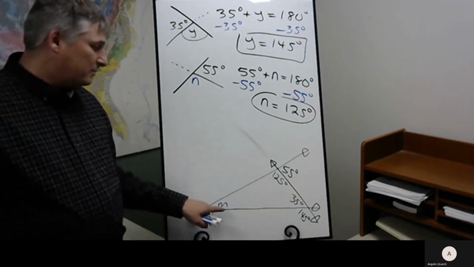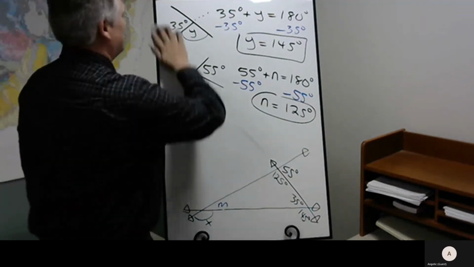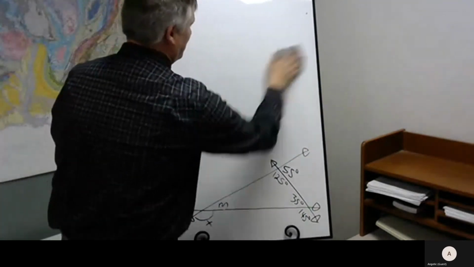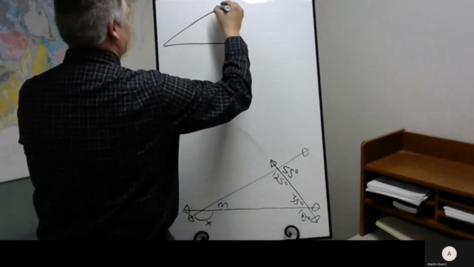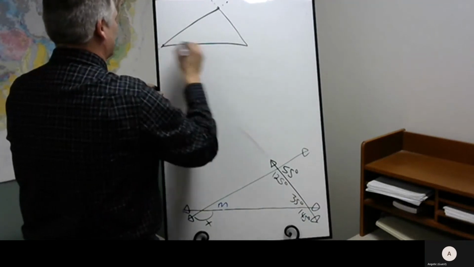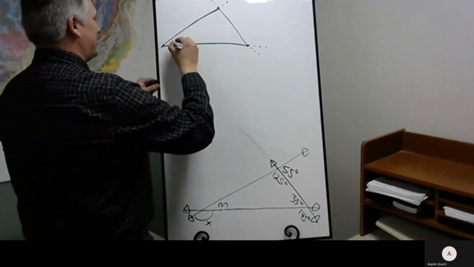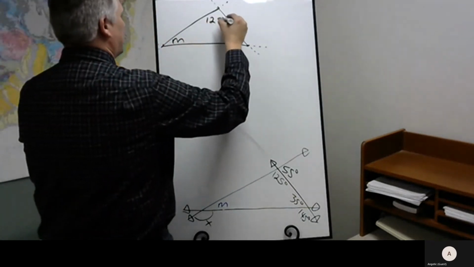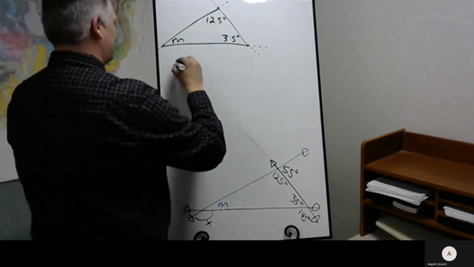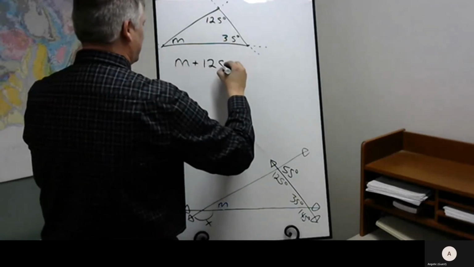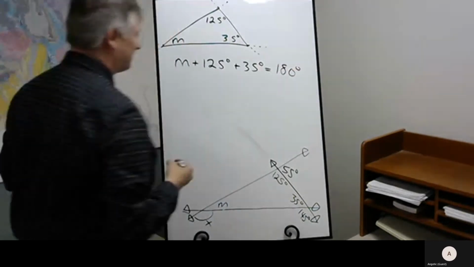So now we can find m using the property of a triangle that says if you add up all the angles, they come out to 180. So basically, we've got a triangle. Keep going. But this is m, 125, 35. So m plus 125 plus 35 equals 180 degrees.